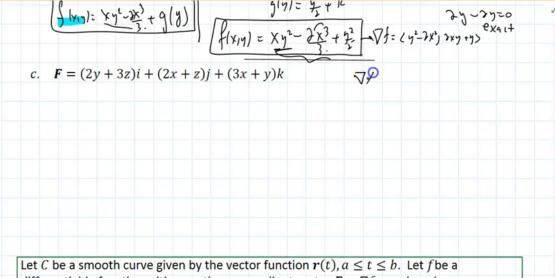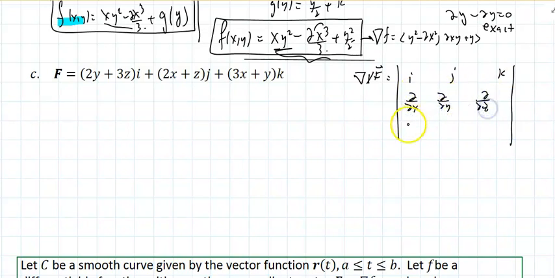Here, if I take the gradient crossed with f, that is in 3 dimensions or more, i, j, k, partial with respect to x, partial with respect to y, partial with respect to z, and that is 2y plus 3z, 2x plus z, and 3x plus y. And if I take the curl of that, I'm looking for the 0 vector. The i component, that would be the partial with respect to y minus the partial with respect to z.